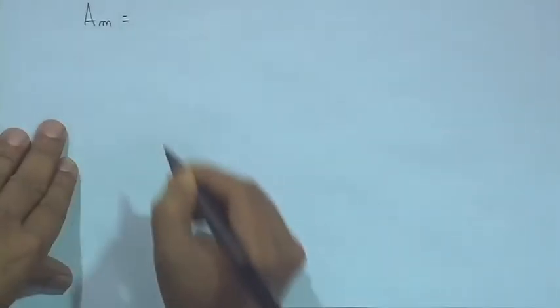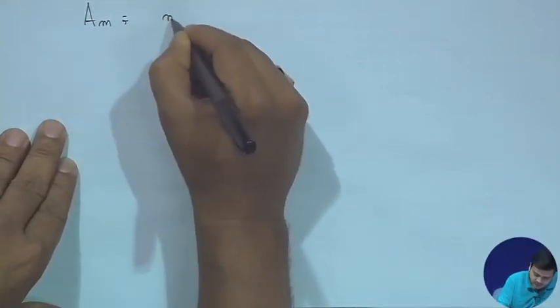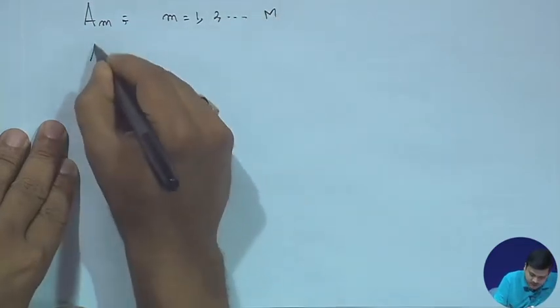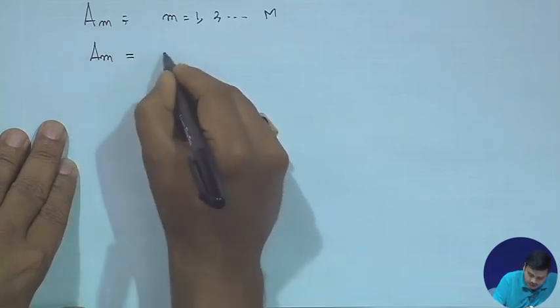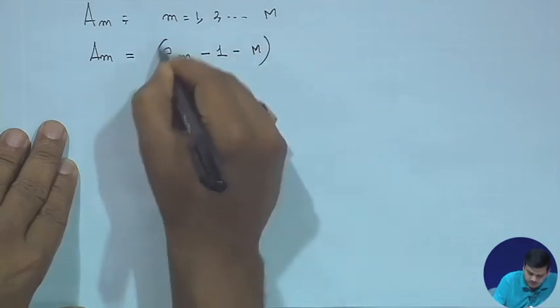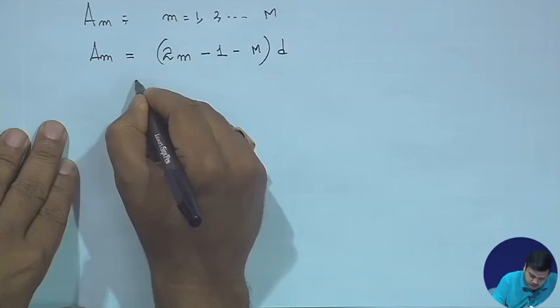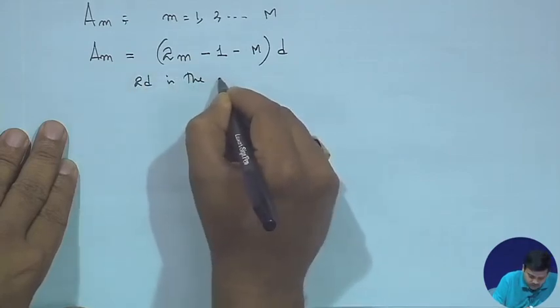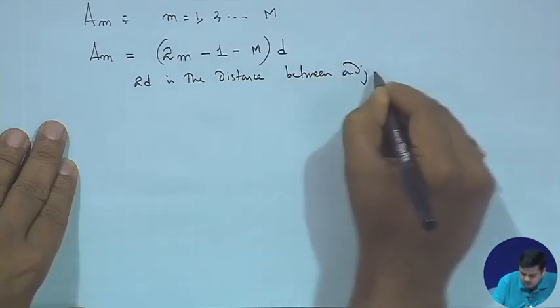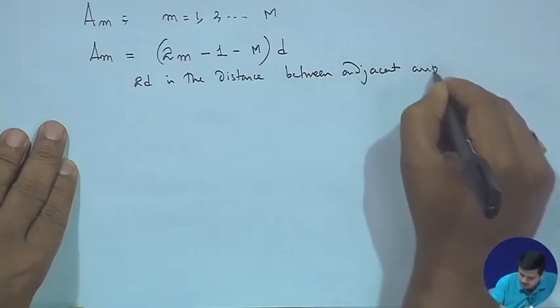Now, we can move further with our discussion on amplitude modulation, and we can say that these AM amplitude values that you are taking are valid for m equal to 1, 2 up to, let us say, capital M. This is for notation, and you could design AM as (2m minus 1 minus M) times d, wherein 2d is the distance between adjacent amplitude levels.